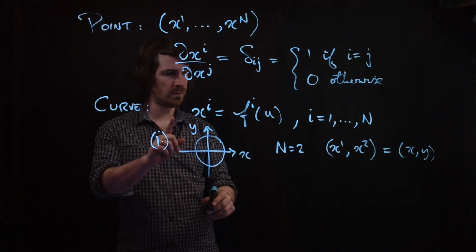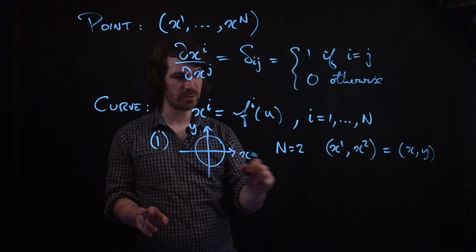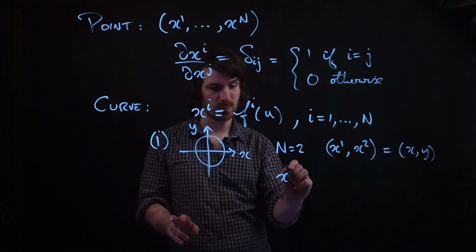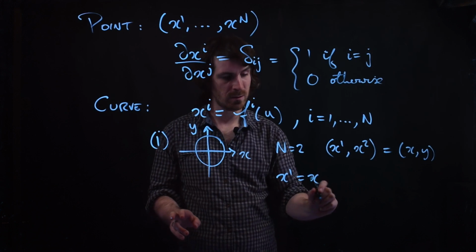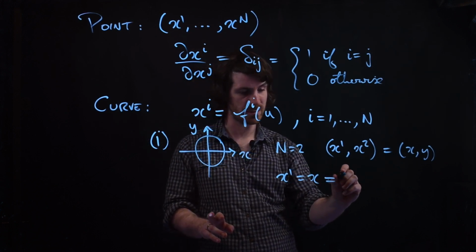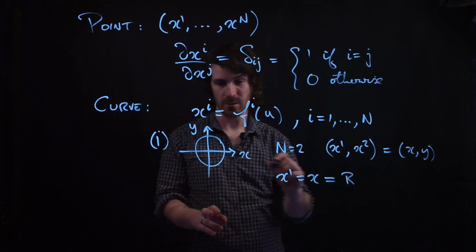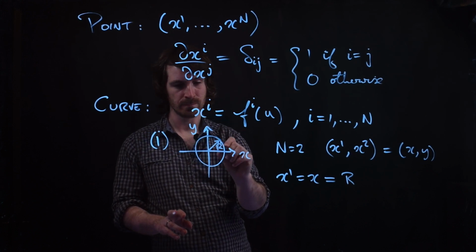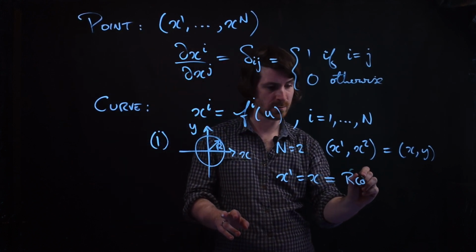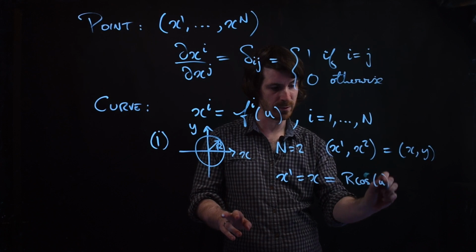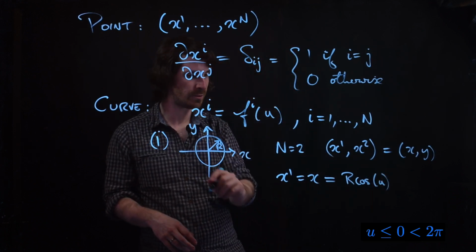Okay, so here we have a circle which is defined as x1 equals x, and you'll know that we can parameterize the circle by the radius r cosine of some parameter u, and u takes us around the circle.